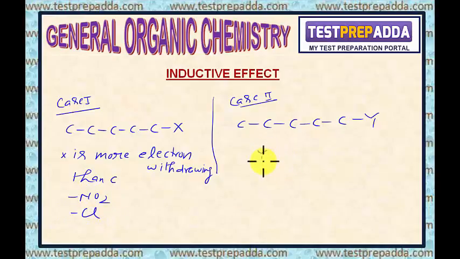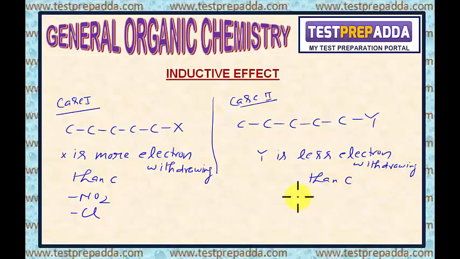While Y is less electron withdrawing than carbon, like O minus, like CH3. So what happens?